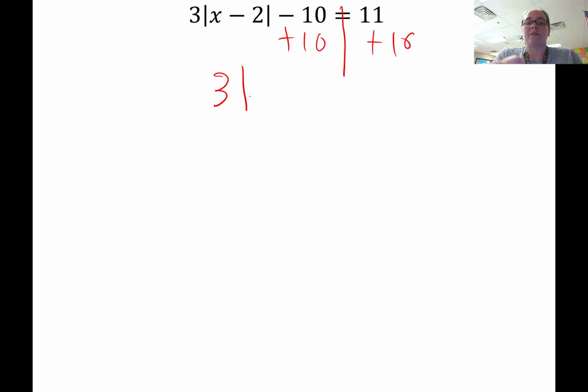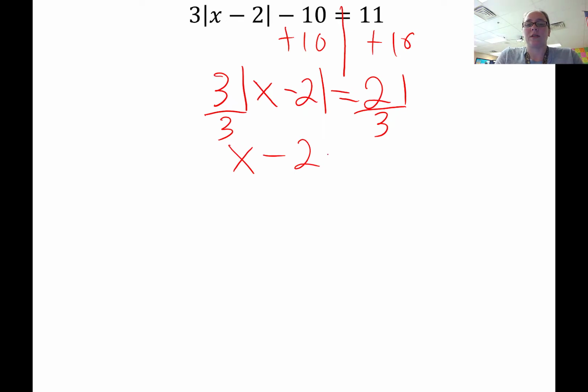Still leaves me with 3 times the absolute value of x minus 2 equal to 21. Now, the absolute value is not isolated yet, so I need to divide both sides by 3, giving me the absolute value of x minus 2 equals 7.